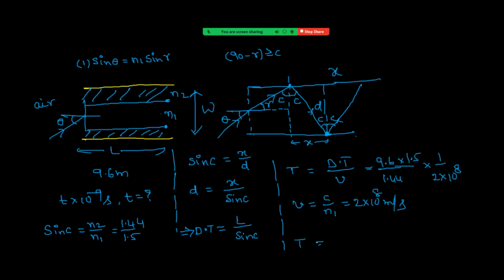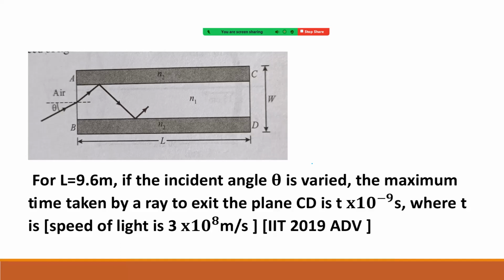From that, the T value comes out to be 5 × 10⁻⁸ seconds. But it is given as T × 10⁻⁹, so this can be written as 50 × 10⁻⁹ second. That means the T value is 50. Okay. So this question and the previous question are both almost the same, right? So the answer is T value 50.